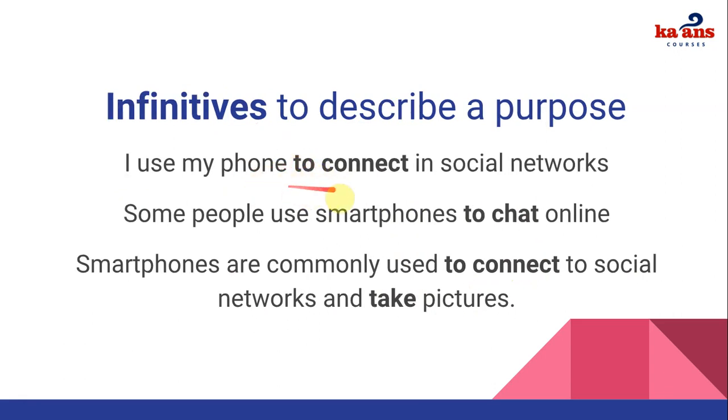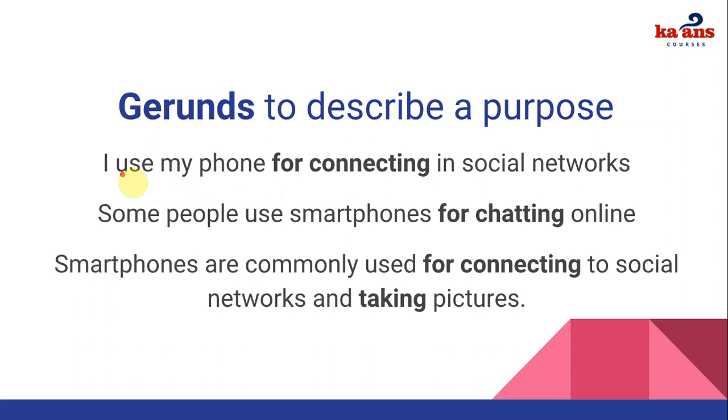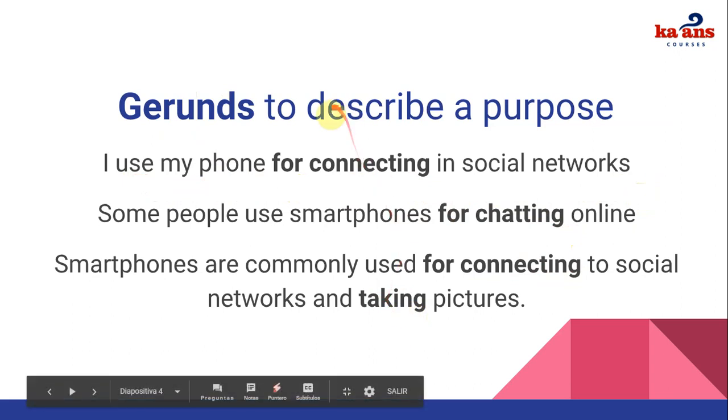Alright? So remember, here we had I use my phone to connect in social networks. Here we have I use my phone for connecting in social networks. So it's the same idea. We have gerunds. All of them have the ing. And we're describing a purpose.